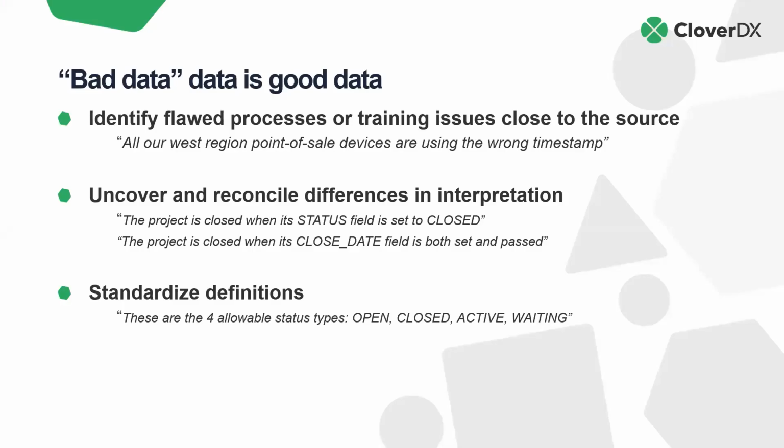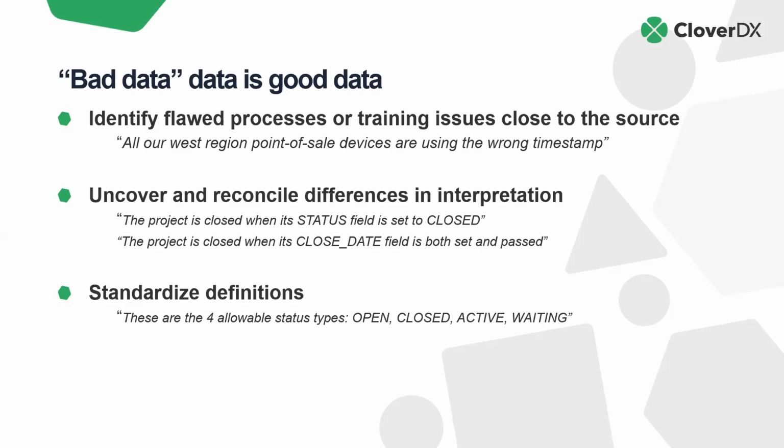So capturing and collecting data about your bad data can have important business value. It can allow you to identify flawed processes or training issues close to the source. Maybe you've got one part of your business that is using a misconfigured piece of infrastructure.